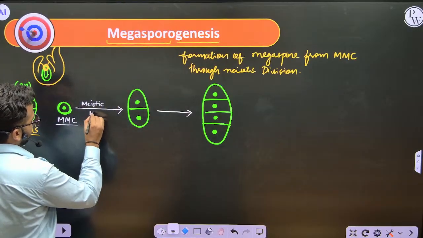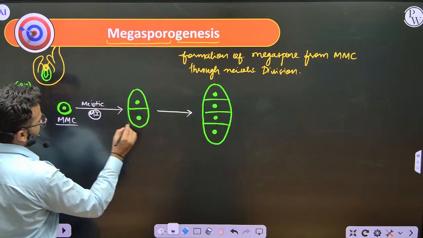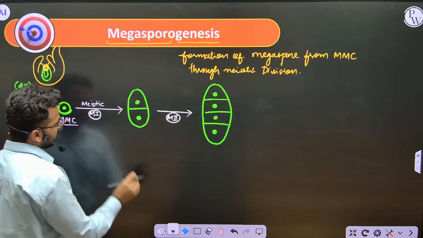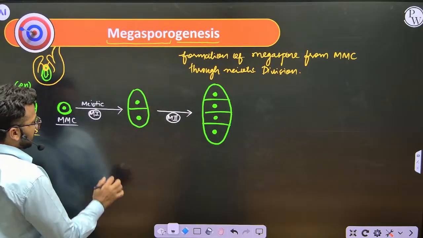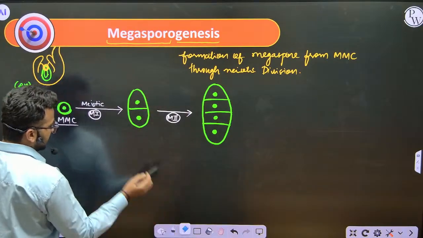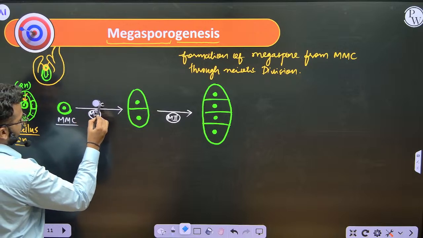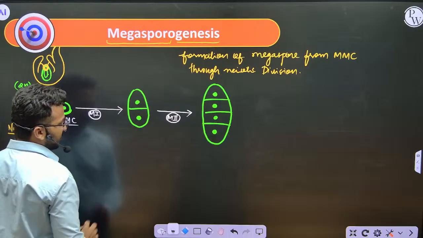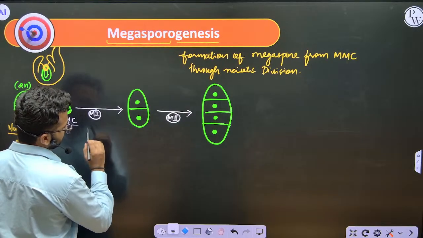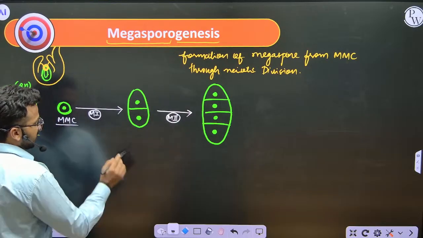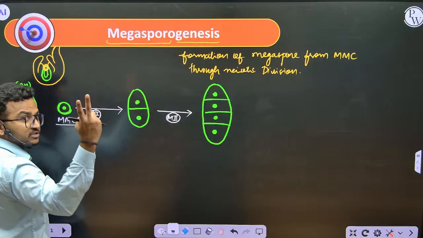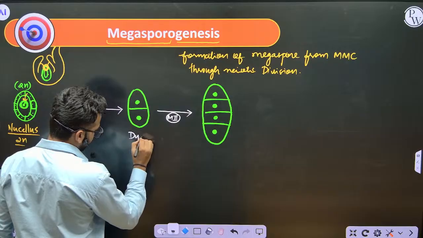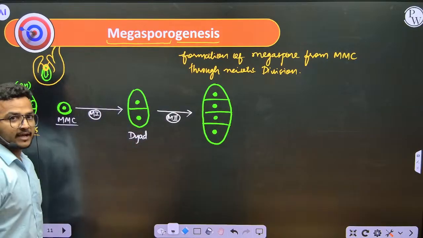So this is meiosis 1 and this is meiosis 2. This is only one meiotic division, but I am writing it twice because here meiosis 1 takes place and here meiosis 2. So this whole thing is meiosis. When meiosis 1 takes place, two cells are formed. These are dyad cells, the megaspore dyad.